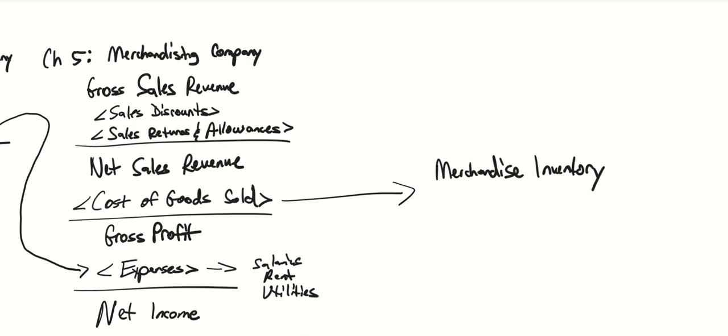Right? So when it comes to acquiring merchandise inventory, that's when you are the buyer, the purchaser. So merchandise inventory also can have some adjustments, just like the gross sales revenue here, where you have sales discounts, sales returns, and allowances. In merchandise inventory, it could be the same thing. You can have some discounts here. We'll say purchase discounts, and that's if you made a purchase within the discount period.